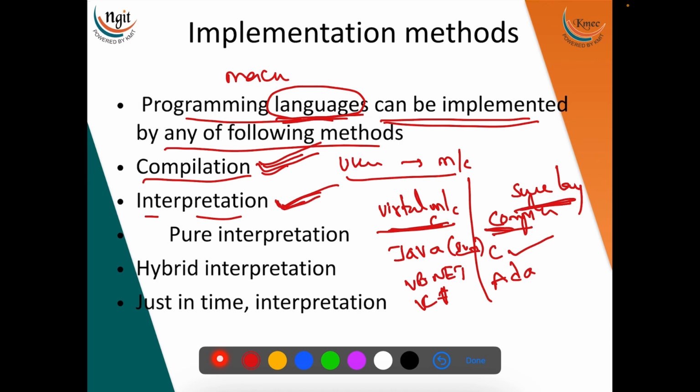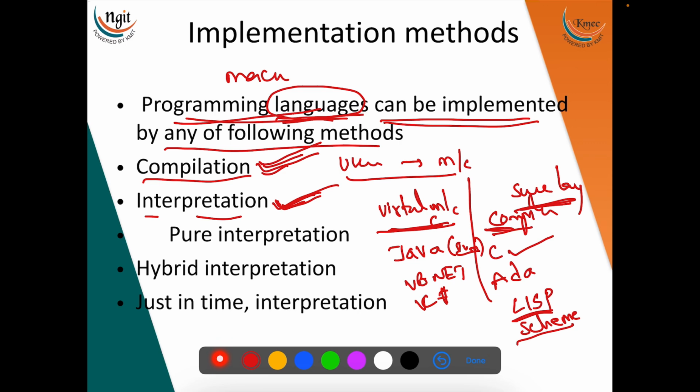And interpretation is also chosen by many programming languages to implement the program instructions written by the user. The languages which use interpretation as the implementation method are Lisp, which stands for list processing, and Scheme. Scheme is also a language which uses an interpreter.